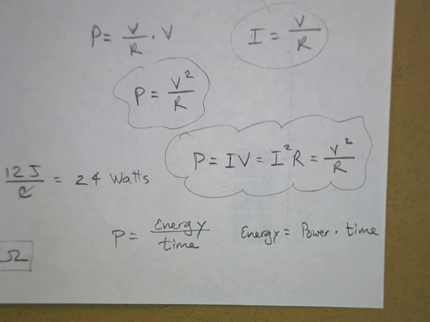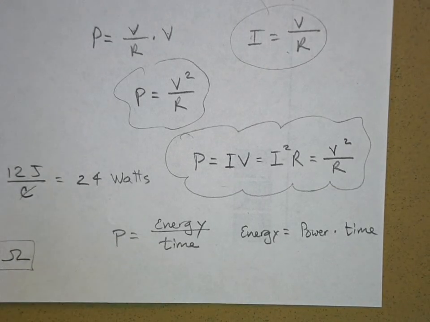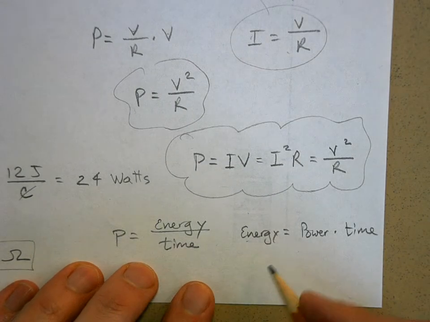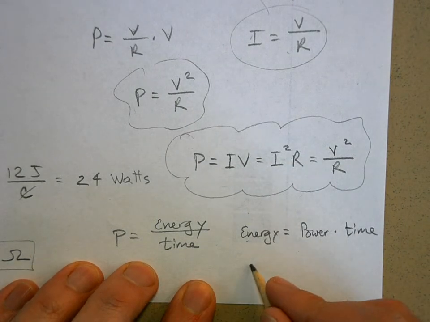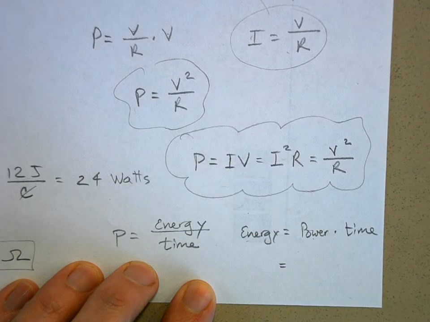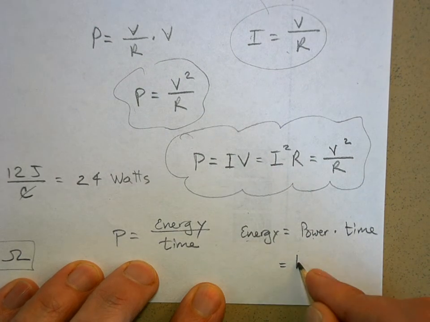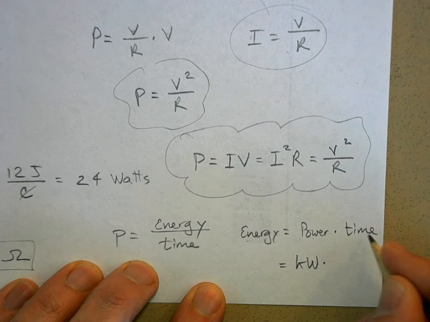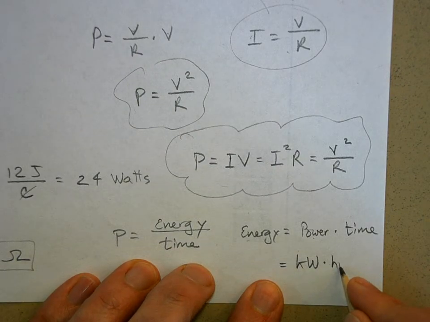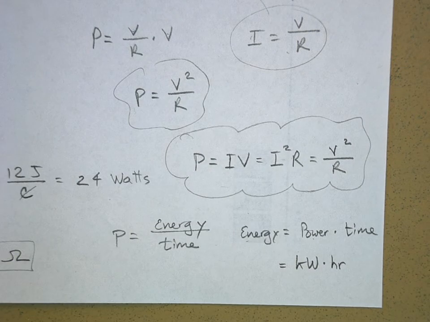Well, in electricity, it's quite often the case that we will use the energy used, and you can call that delta U or E or whatever. But the units we use for power are quite often kilowatts, and the time we express in hours, a kilowatt hour. It's a weird unit of energy.